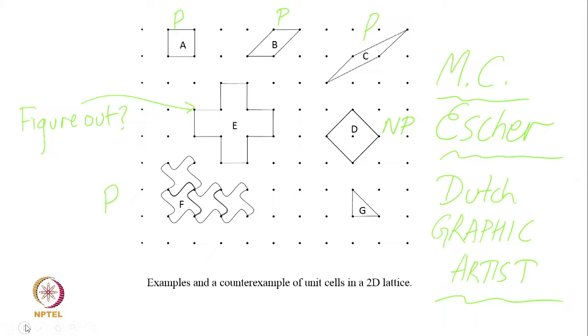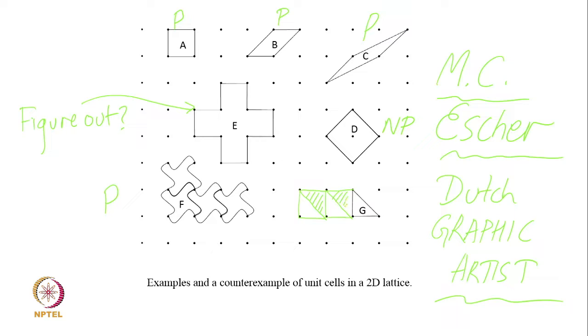G, this will not tile, because if I start repeating, I find that I am leaving some gap. I need this triangle also to fill, and this triangle is being left out.